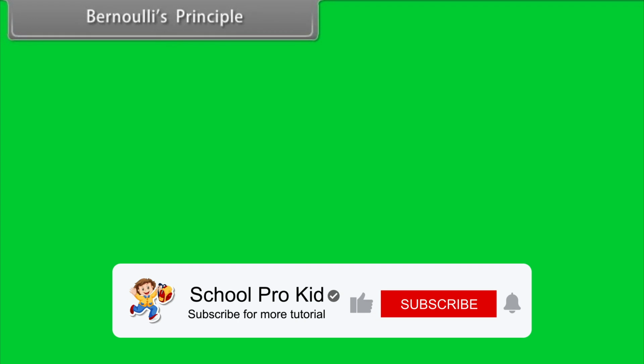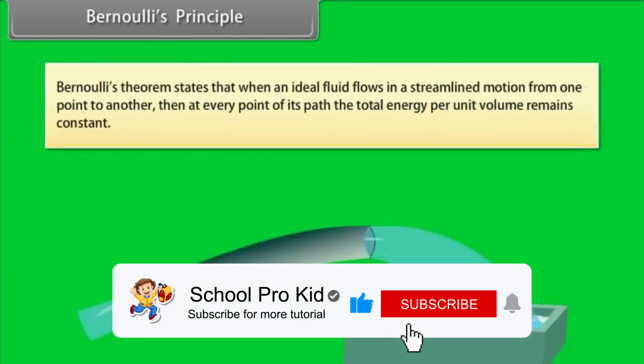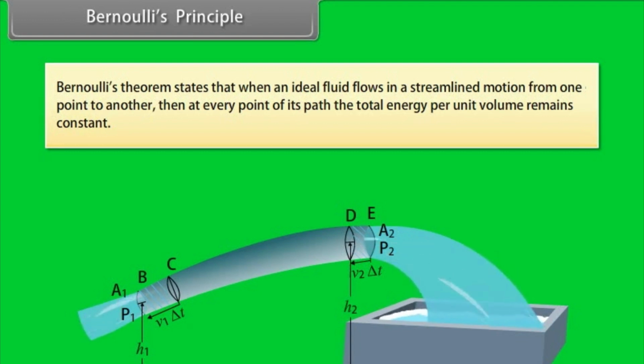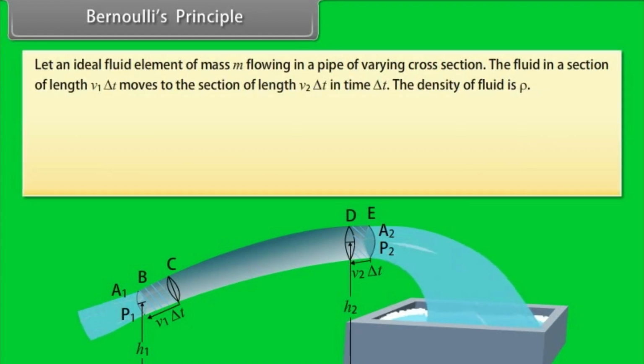Bernoulli's Principle. Bernoulli's theorem states that when an ideal fluid flows in a streamlined motion from one point to another, then at every point of its path, the total energy per unit volume remains constant. Let an ideal fluid element of mass m flow in a pipe of varying cross-section.